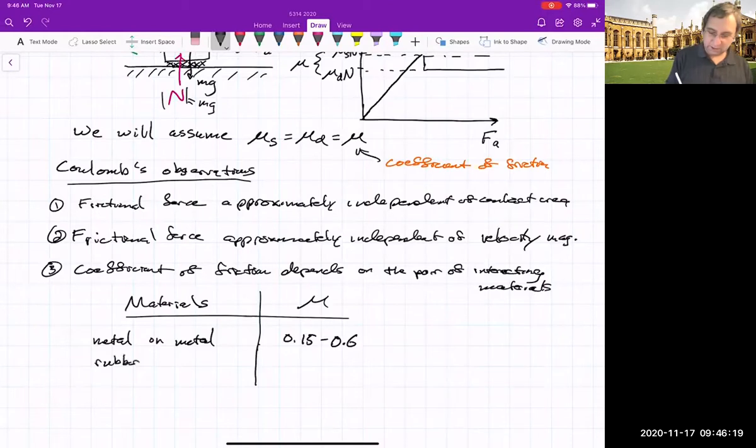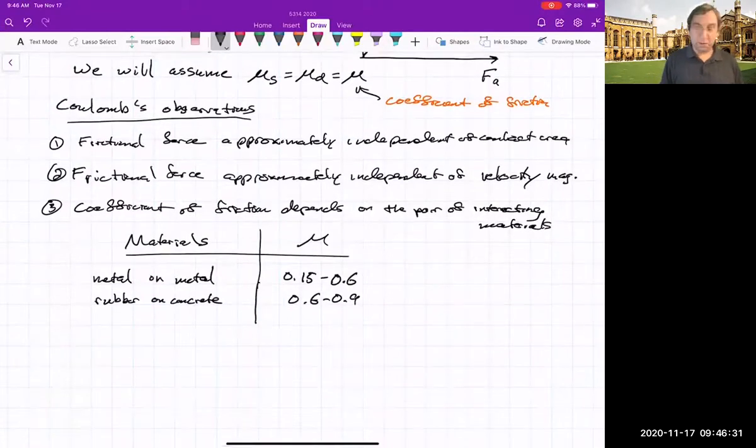If you think of tires on the road, so rubber on concrete, it's about 0.6 to 0.9. And then there are others. We could fill that out later. In fact, we'll do an experiment later.